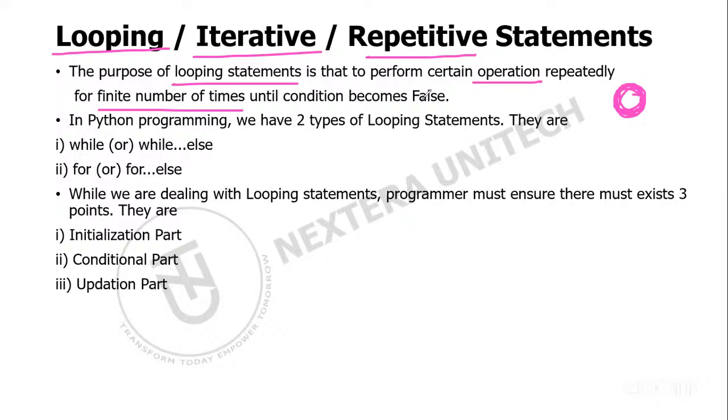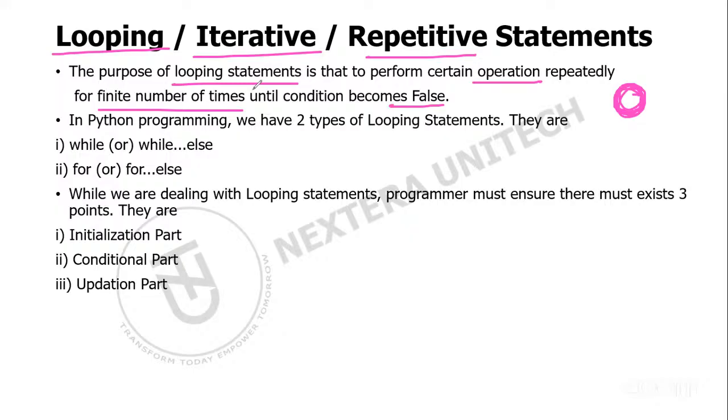Once the condition is met, that is, it becomes false, it stops. After drawing the circle 100 times, is the condition met? Yes, it stops. So that is the purpose of looping statements. The operation will be repeated n number of times until the condition becomes false.